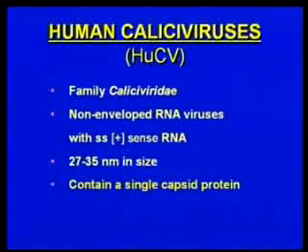Again, they were found to be separate from the rotaviruses. They're similar in size, but they're non-enveloped RNA viruses with a different kind of genome. They have a single-strand positive sense RNA genome. And there are animal caliciviruses as well as human ones.